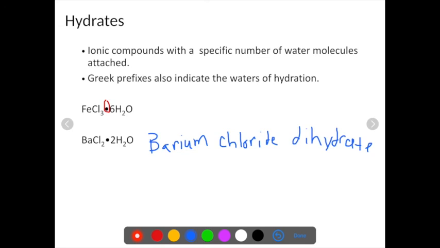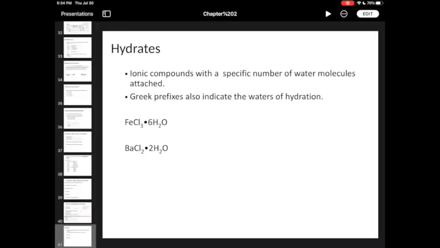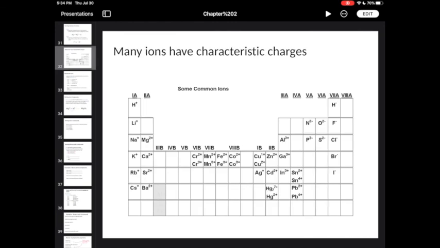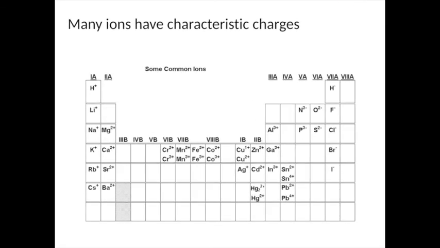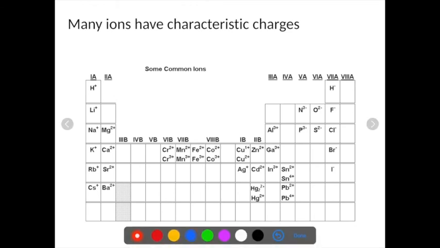I want to show you this real quick. Let me go back to this right here. Not all the transition metals have multiple ions. If you'll notice right here, zinc, cadmium, and silver only have one ion, so you're not going to put Roman numerals with those three.